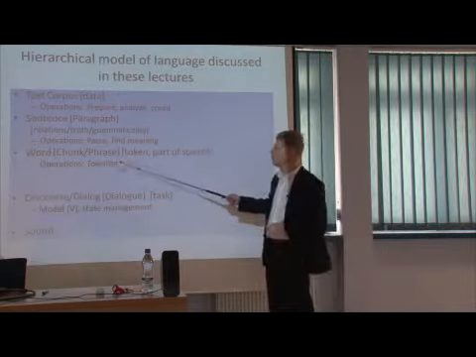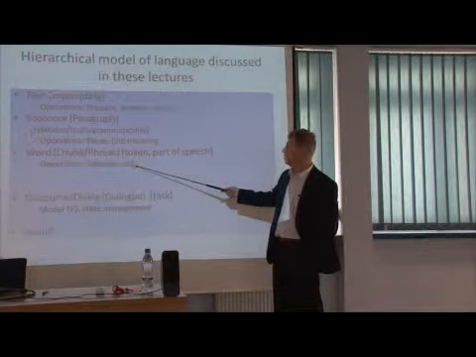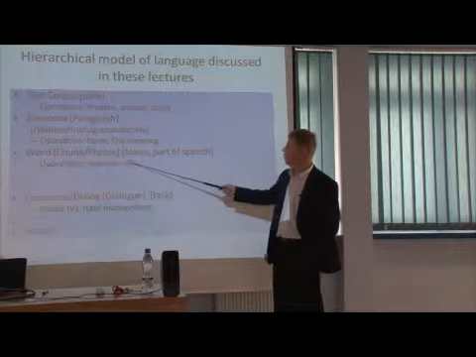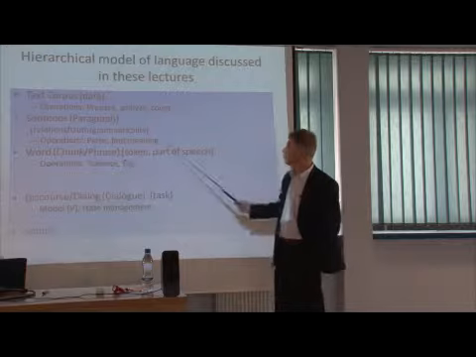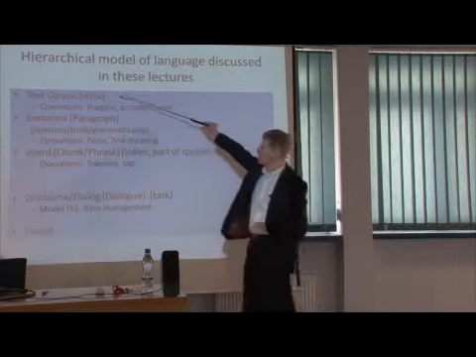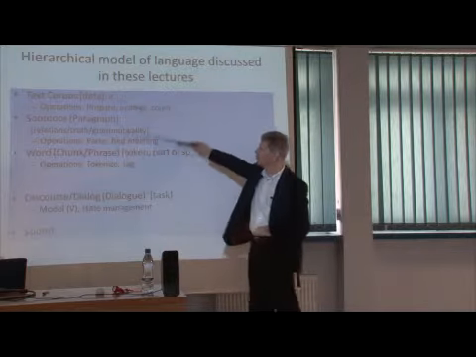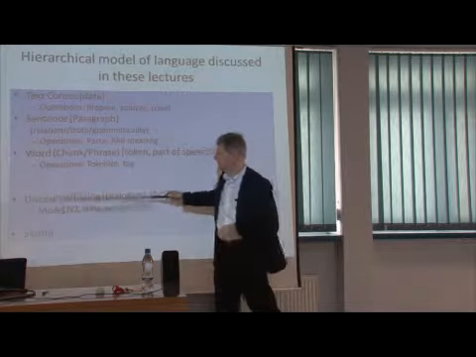Once we have words, we can say, okay, is this word a noun, or is it a verb, or is it an adjective? So we can put some tags on these words, and that's where part of speech tagging comes into play. So this is just looking at words at different resolutions.